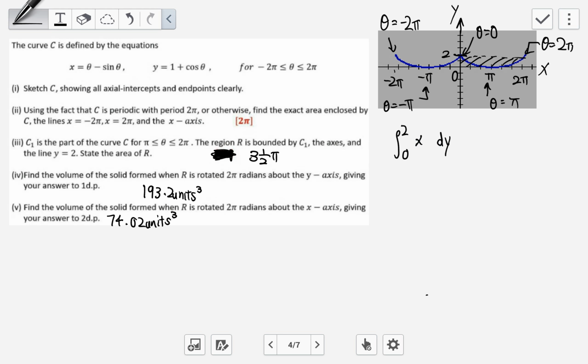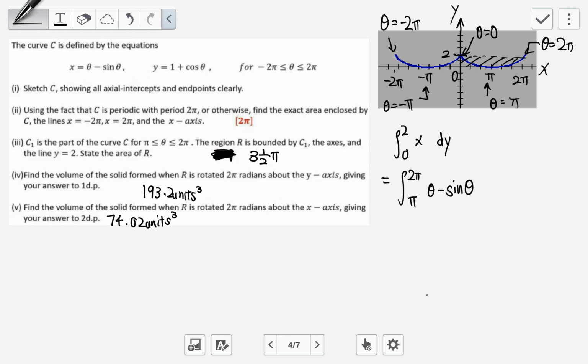If I want to integrate now with respect to d theta, I want to change everything to d theta. So when my y is 2, my theta is 2 pi, and when my y is 0, my theta is pi, and my x is just theta minus sine theta.